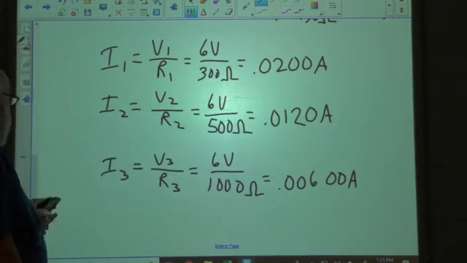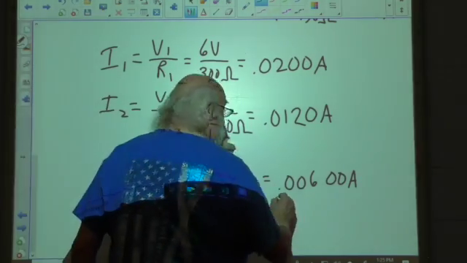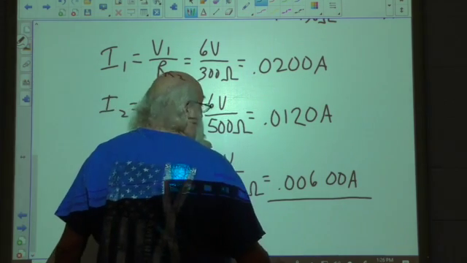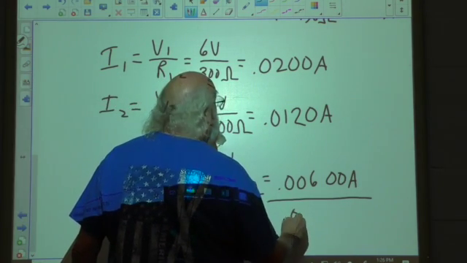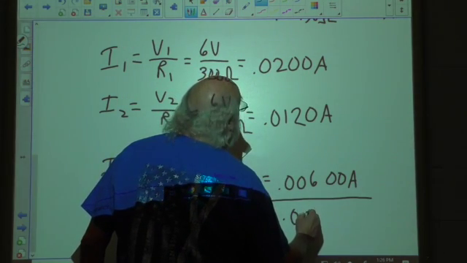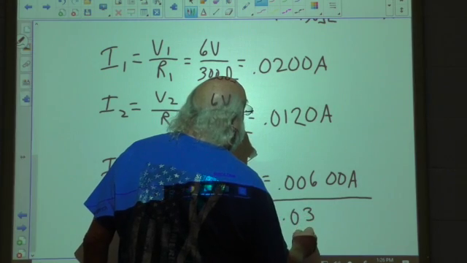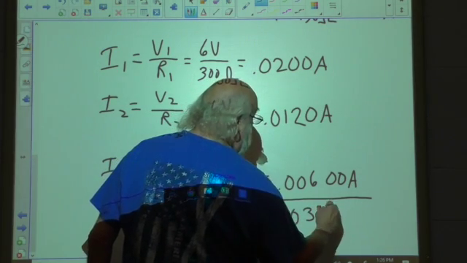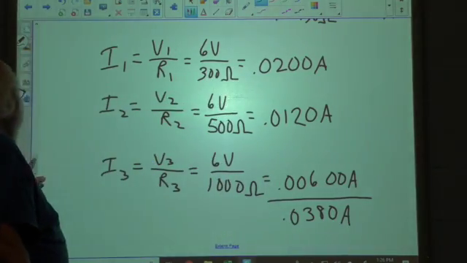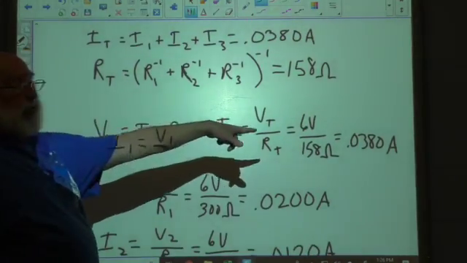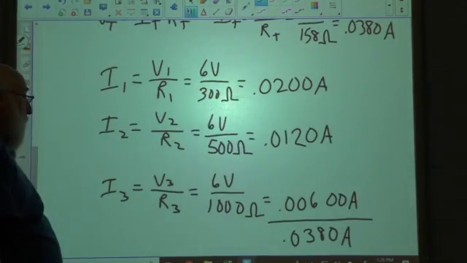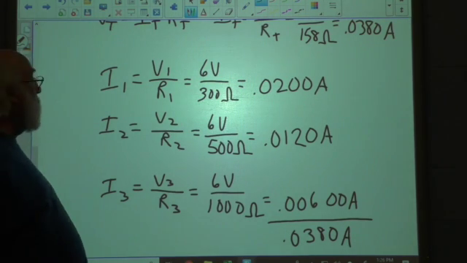Now, just to double check, we're going to go ahead and add up all 3 of these, round off to 3 sig figs, and it looks like it's going to be 0.0380 amps. And I believe that's what we had. Yep, 0.0380 amps. So, that's how we do parallel circuits.